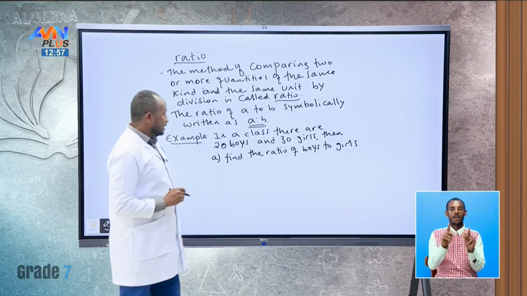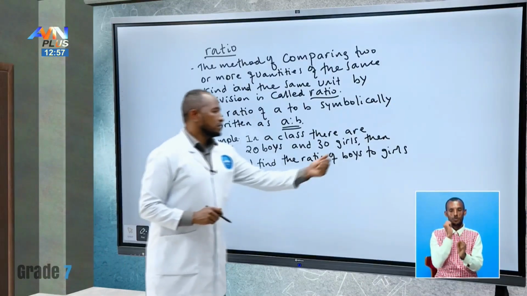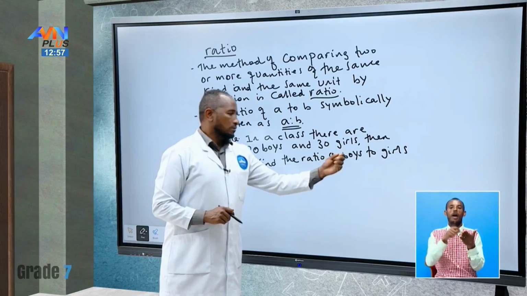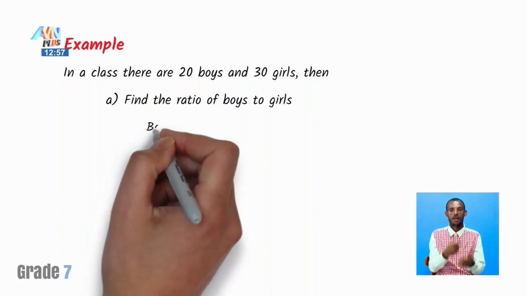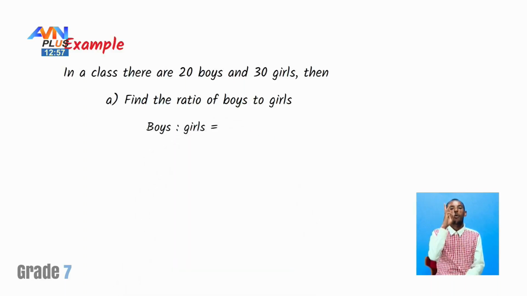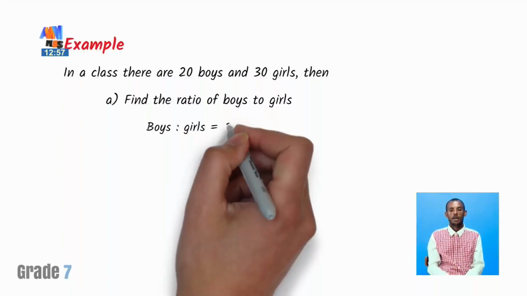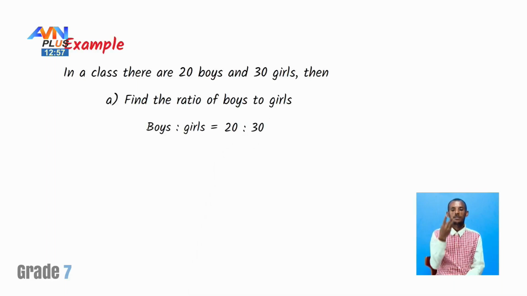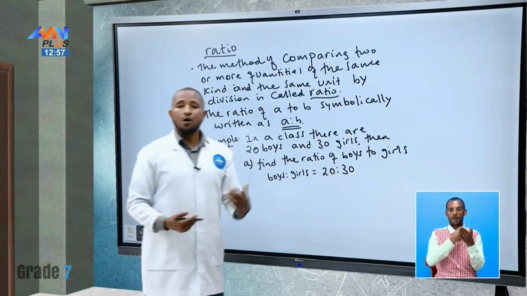Okay, let's try this question together. We are asked to find the ratio of boys to girls. Simply, you write boys ratio girls. So here, the number of boys is given to be 20, so it is 20 ratio, the number of girls is 30. But when we write ratio, we have to write this in lowest term.